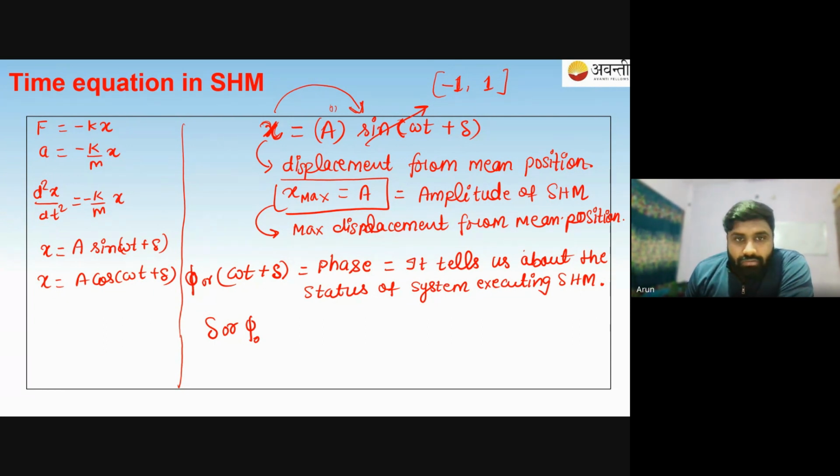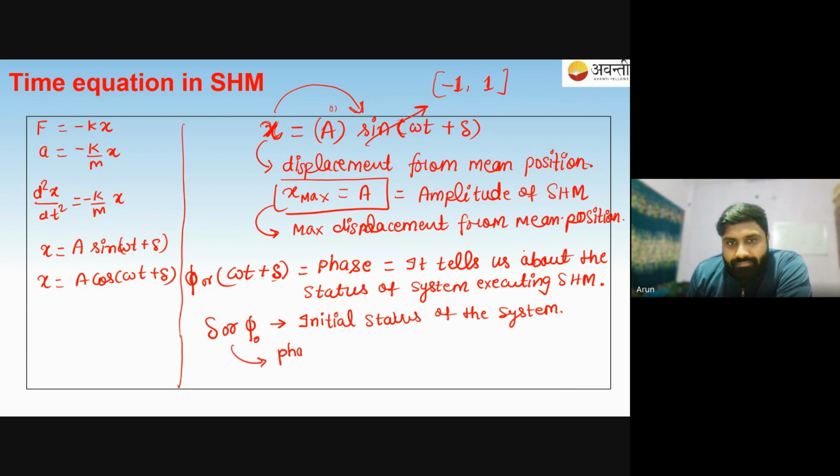So delta or phi naught tells us about the initial status of the system, and it is termed as the phase constant. Got it?